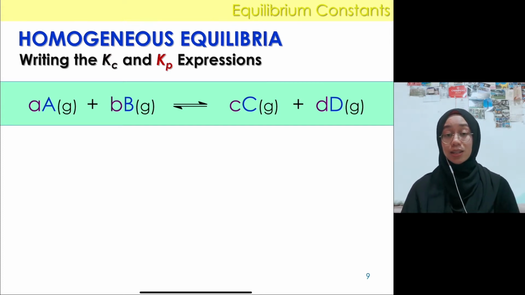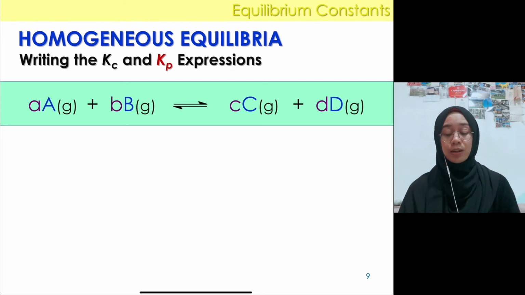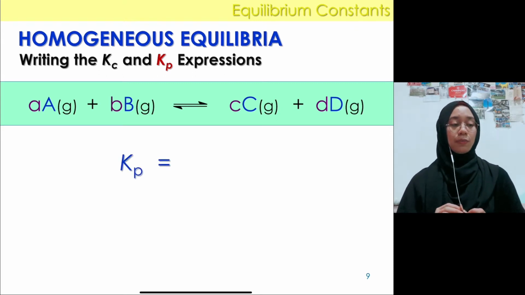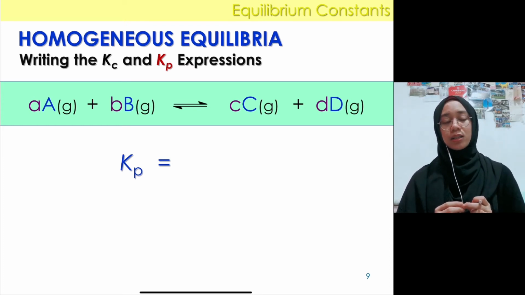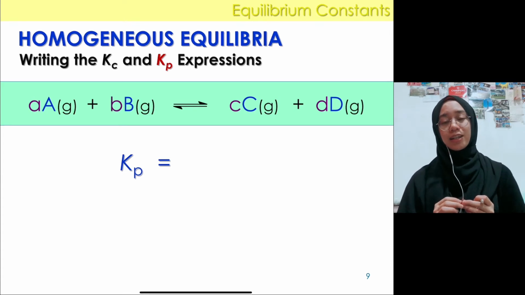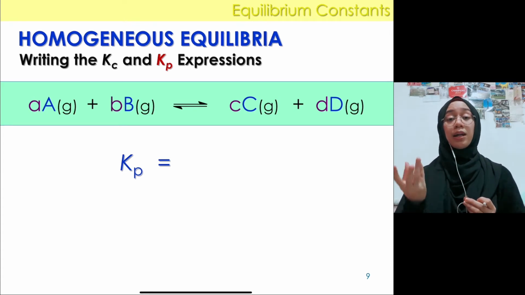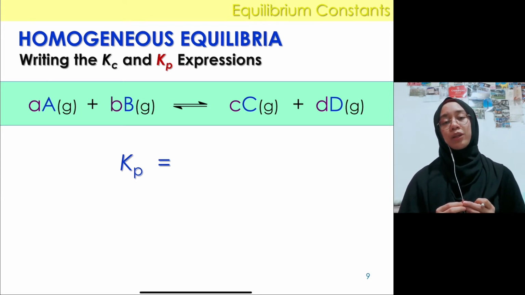So P stands for pressure, specifically partial pressure. For pressure, we usually only look at gas. Liquid has no pressure because its pressure is very low, so we don't consider pressure for liquid. Solids too. Even aqueous is actually in liquid form, it's just that it has water, so we don't consider its pressure either.